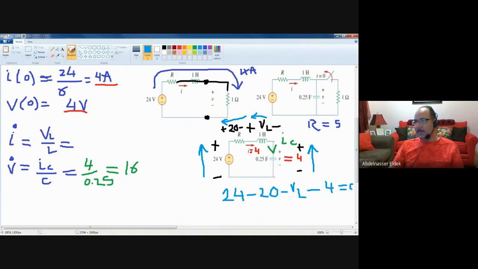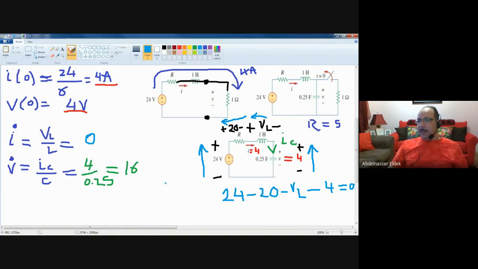So it's very clear that VL is 0, because 24 will cancel with 4 and 20. 4 and 20 is 24, and negative 24 plus 24 will be 0. So VL is 0.